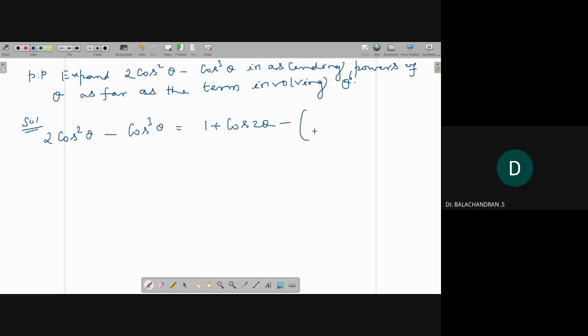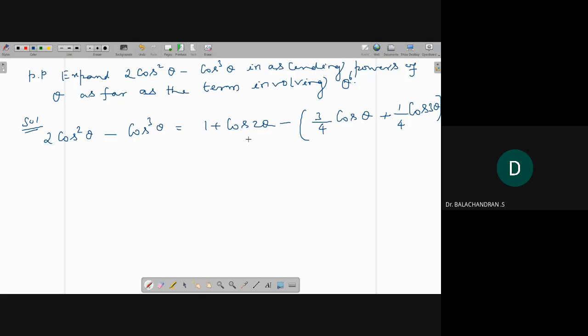From cos 3 theta, you can get cos cube theta, that is 3 by 4 cos theta plus 1 by 4 cos 3 theta. So you should know these results. Now we should expand this one. Okay, I think I made a mistake. 2 cos square theta is what? 1 plus cos 2 theta. Yes, correct. Everything is correct.